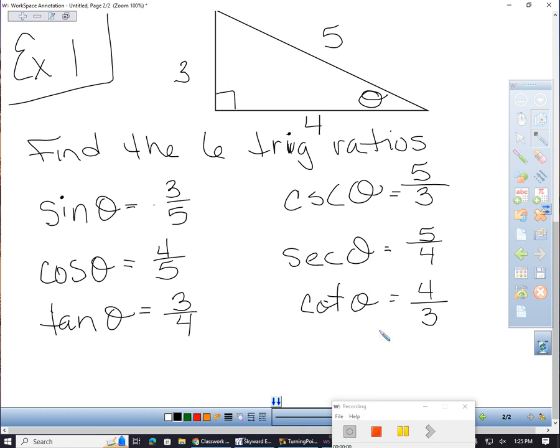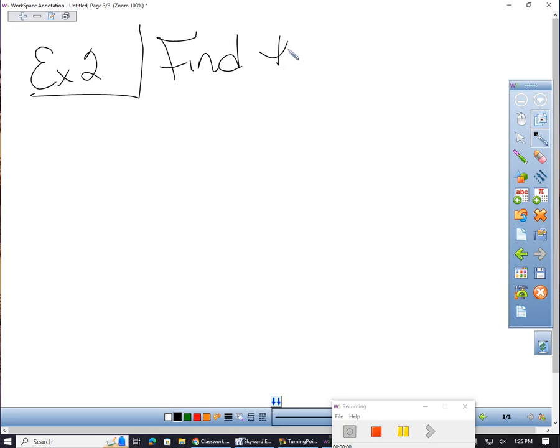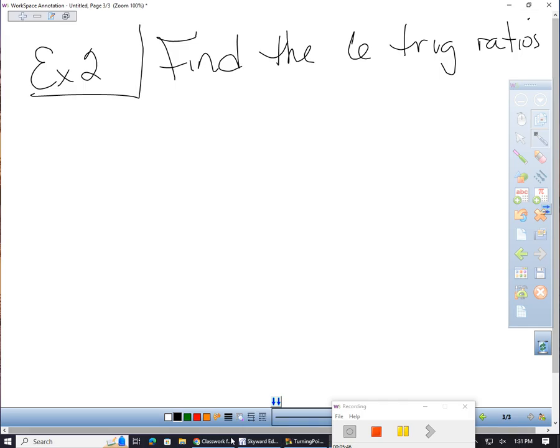Okay. So let's do another example. Let's go to the next page. Example number 2. Find the 6 trig ratios. And let me get my triangle up there.